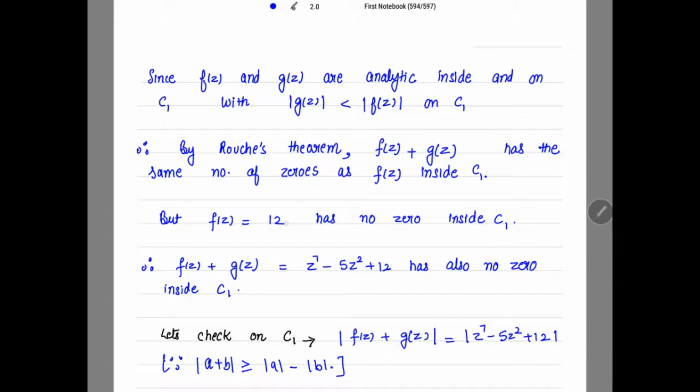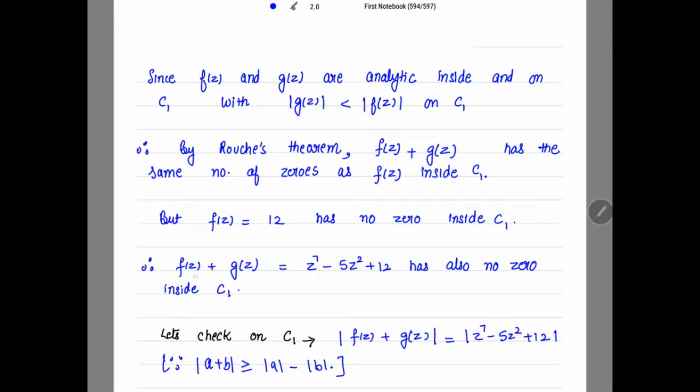If f(z) is equal to 12z, suppose it is 12z, then we say that it has 1 zero inside C1. If 12z square, then that means it has 2 zeros inside C1. But I am having only the constant polynomial, so it has no zero inside C1.